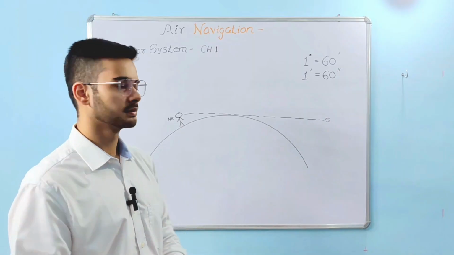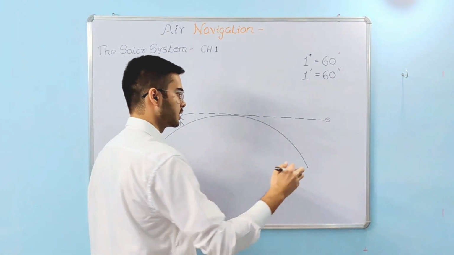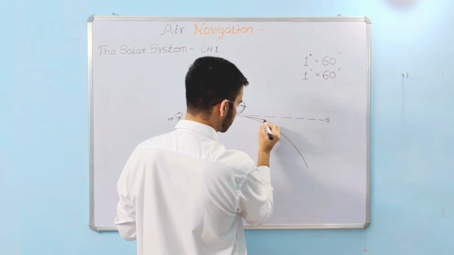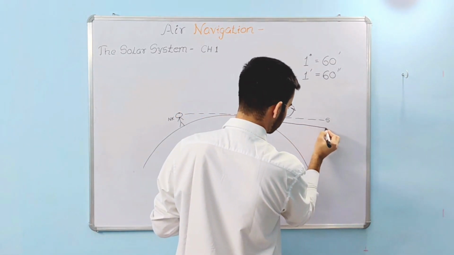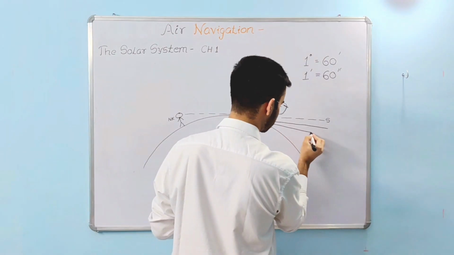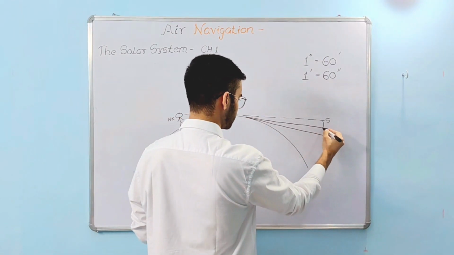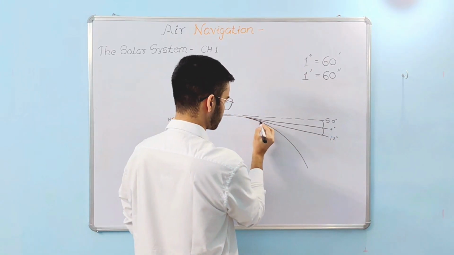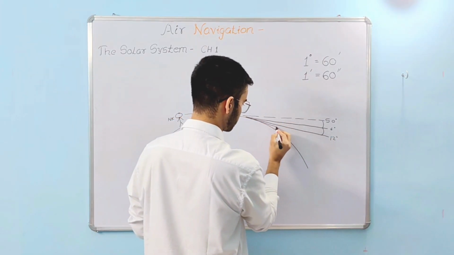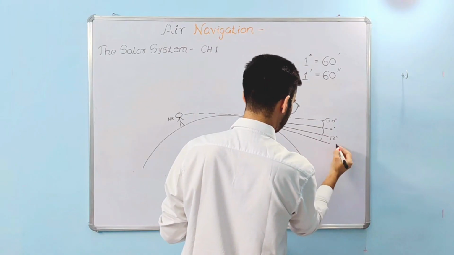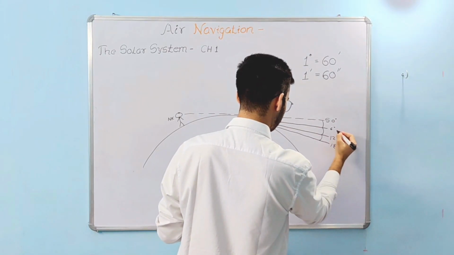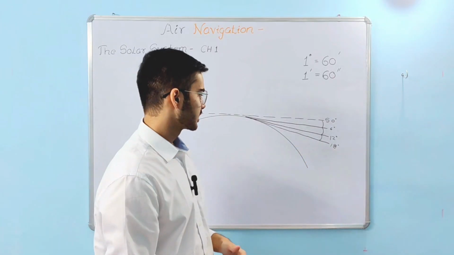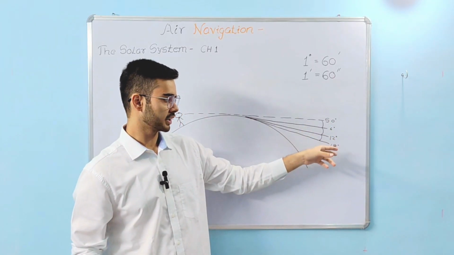Now let's try it here. The definition: the center of the sun is 0 to 6 degrees below. The line is a little bit curvy, forgive me for that. But here are these 6, 12, 18 degrees.